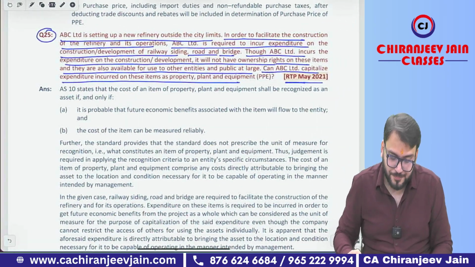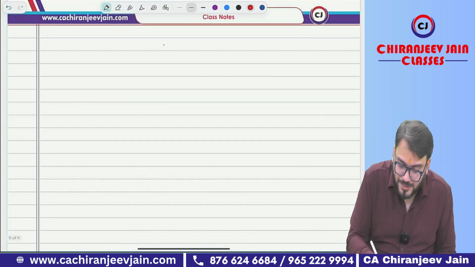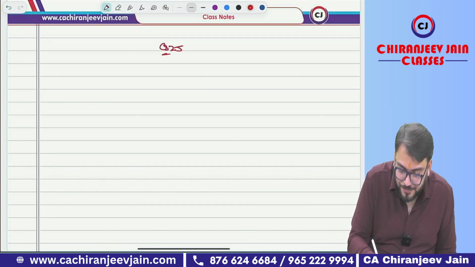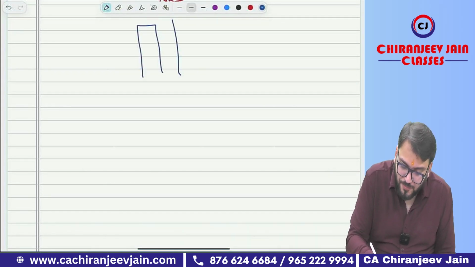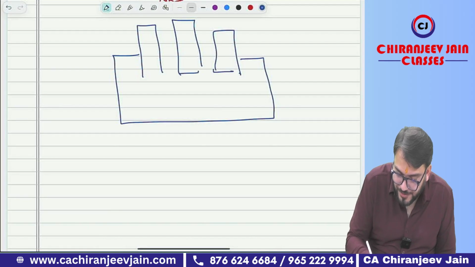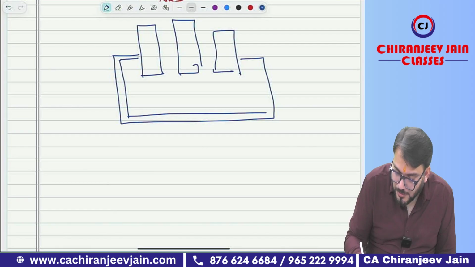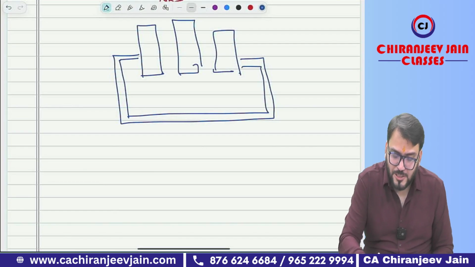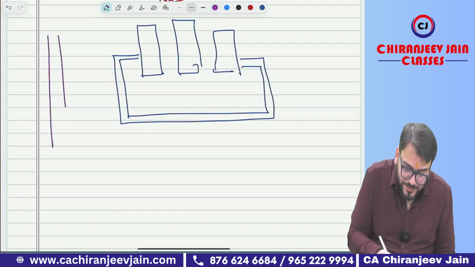Means what actually happened? Let us understand. I am explaining question number 25. So there is one refinery. Suppose there is a factory or refinery, and suppose this is the premises of this entity. Correct? Now what happened? For transportation purpose, they want railway tracks.